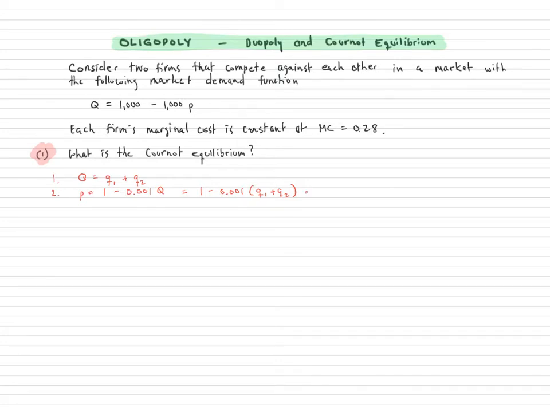In fact, I can just go ahead and write it out. It says 1 minus 0.001 Q2 minus 0.001 Q1. And if I put the first two terms in parentheses like this, what I have here is what we call the residual demand.